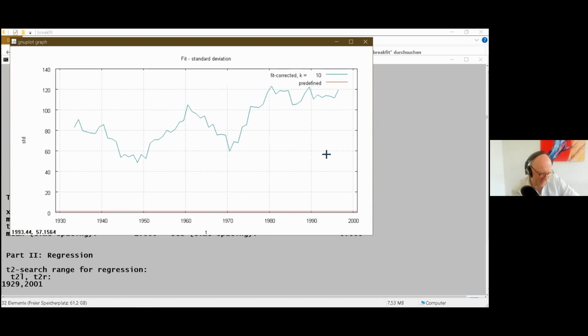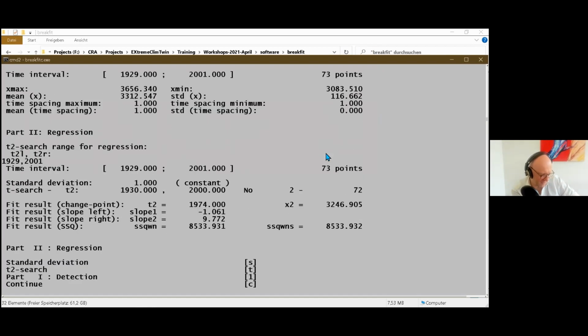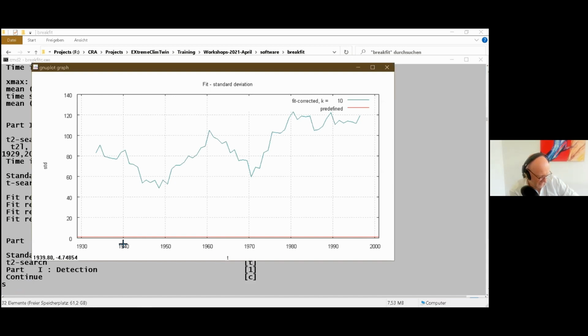Let me do 80 again. I press enter to get rid of this. And here in this part, I press S to change the weighting. Later I will continue by pressing Z, but I will press S again. S. So here's the S and enter. And again I see this plot, which I click away by pressing enter.